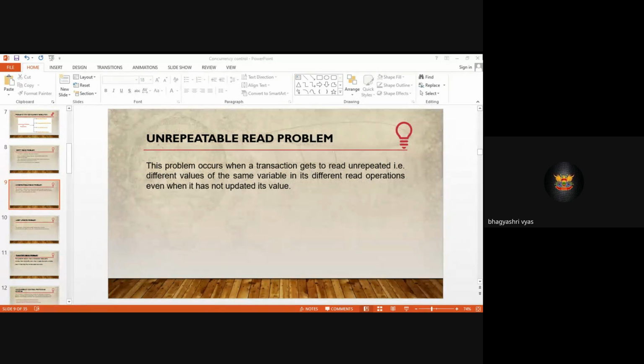So how can I give an example for this? Anyone? Unrepeatable read problem. Simply put, unrepeatable read means we have two different values read for the same data. Suppose I take one example for that.